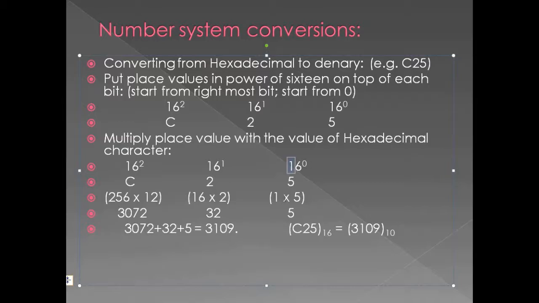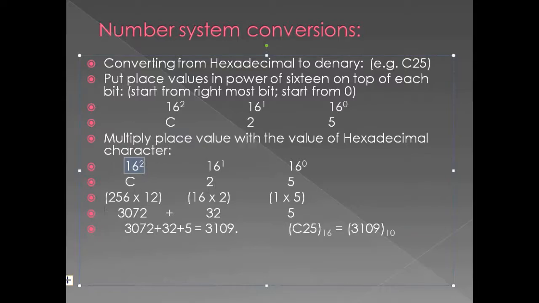So 16 power 0 is 1, we multiply it with 5. 16 power 1 is 16, and the hexadecimal number is 2, so we multiply it with 2. 16 twos are 32, and then the value for C is 12, and we multiply it with the place value.